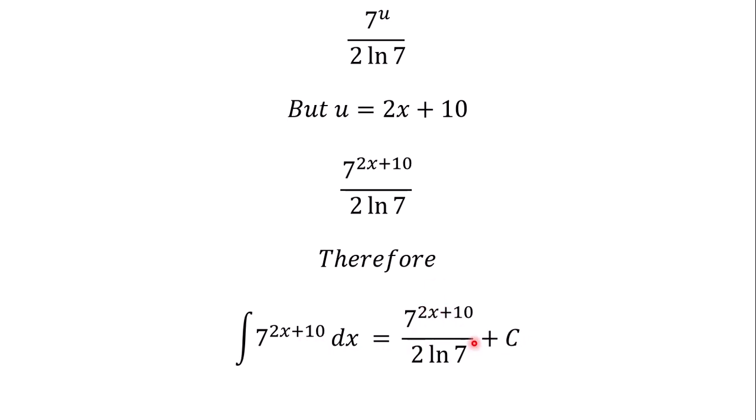Remember what I was telling you: the question is 7 raised to the power 2x plus 10, and the answer we had is 7 raised to the power 2x plus 10 divided by 2 ln 7, which means that problems of this nature, when you integrate them, you should get the same question as part of the answer.